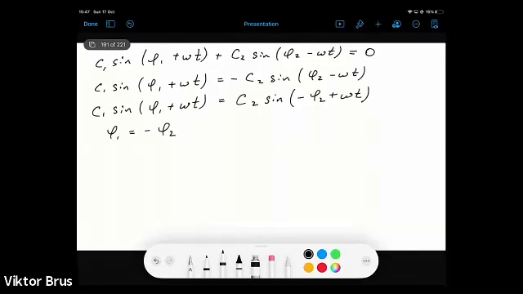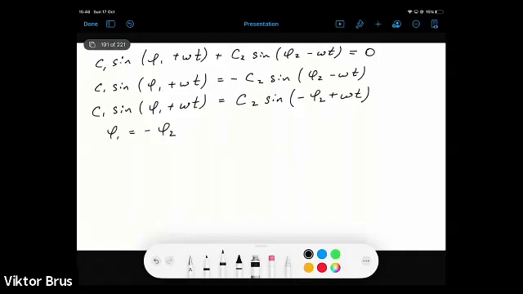And as a consequence, our imaginary component will be equal to 0. Means we will have a solution of our complex function which will give us only a real component. And that is what has physical meaning.